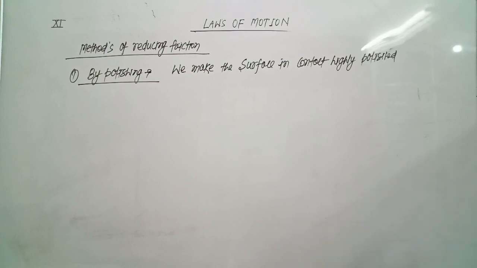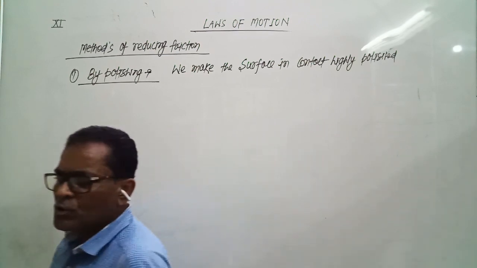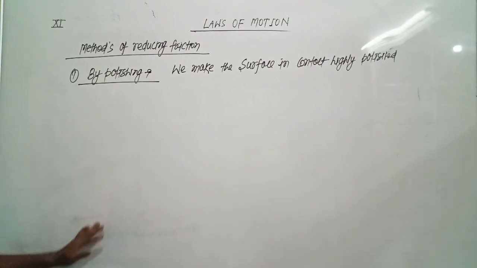We make the surface in contact highly polished, then it becomes smooth and the friction is reduced. The second is lubrication.